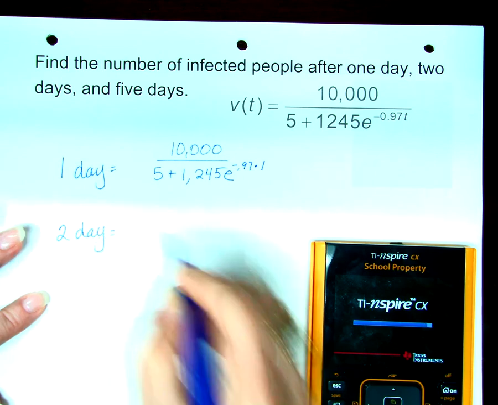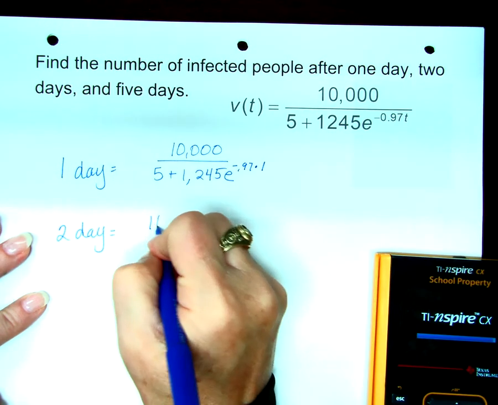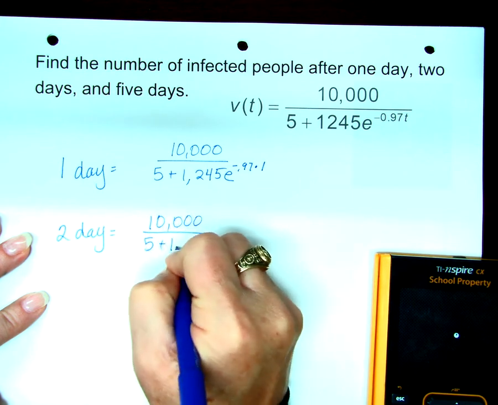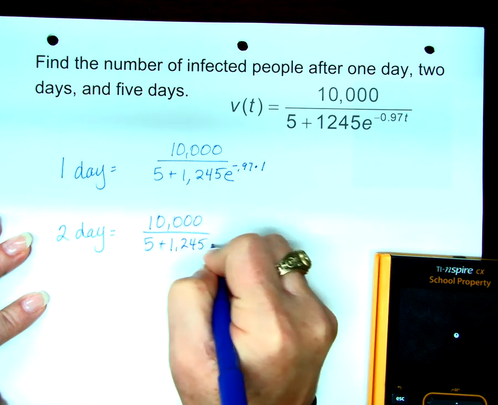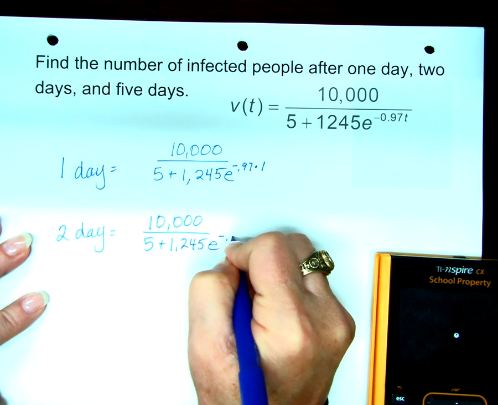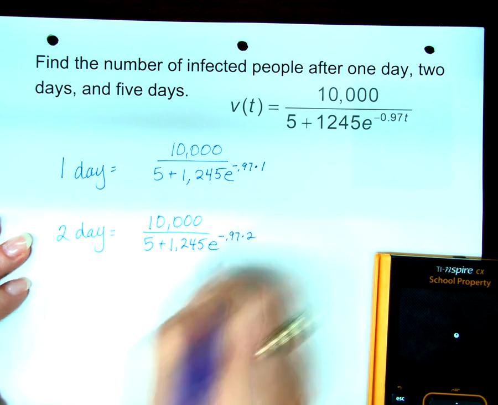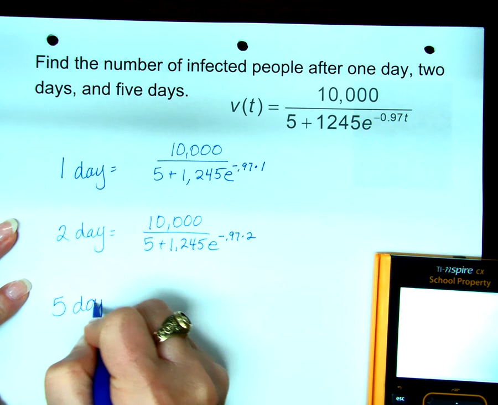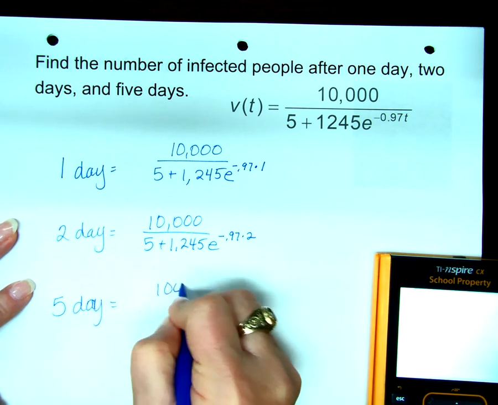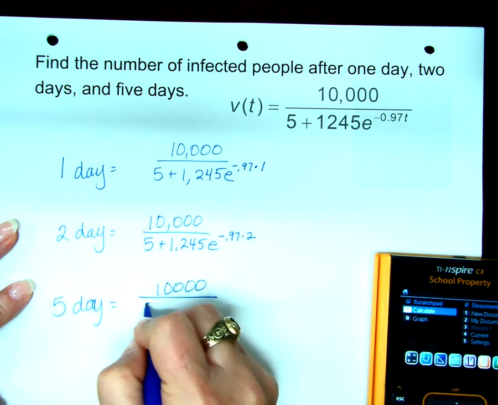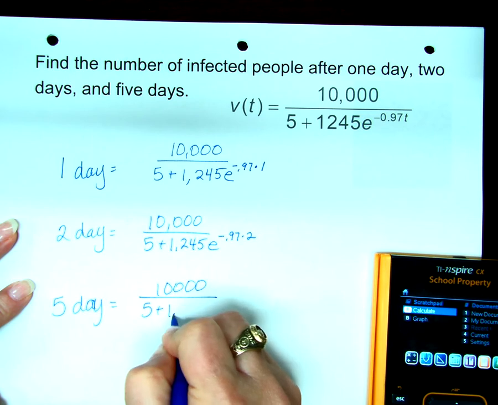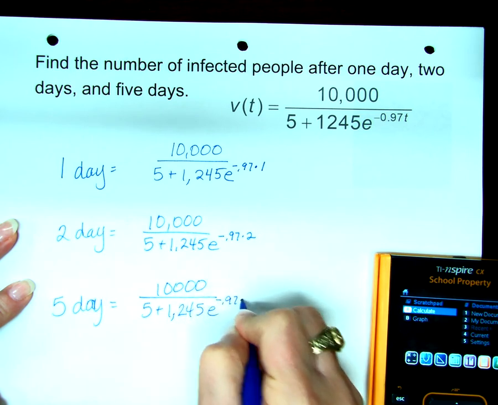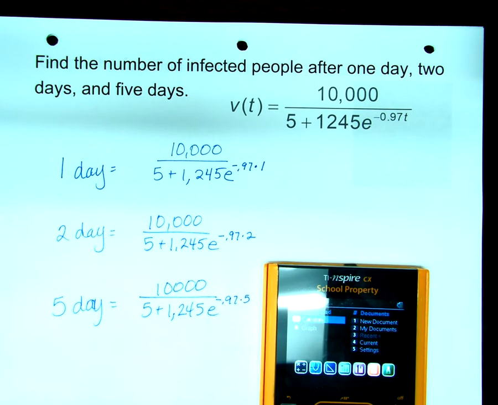As soon as my calculator comes on, I'll go ahead and write down the rest of these. 10,000 over 5 plus 1245 e to the negative 0.97 times 2. And then day 5 equals 10,000 divided by 5 plus 1245 e to the negative 0.97 times 5, okay?